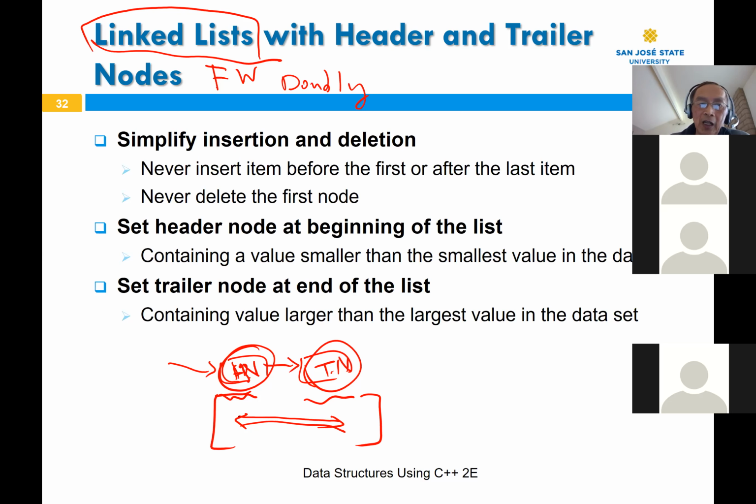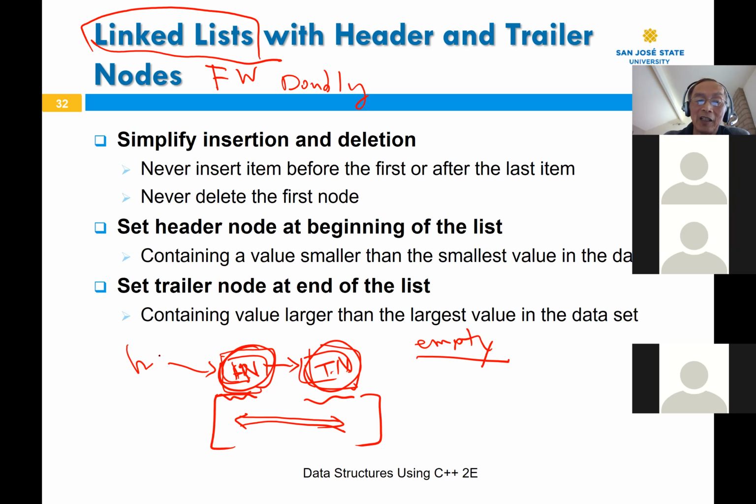Okay. If the linked list has two nodes already in there, then every time we want to do an insertion or deletion, we want to look at the boundary cases we have. We don't need to worry about empty, right? Because the linked list is not empty.